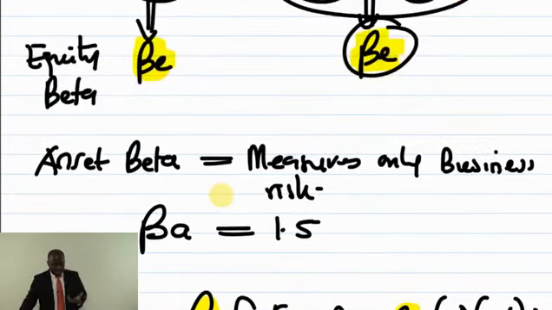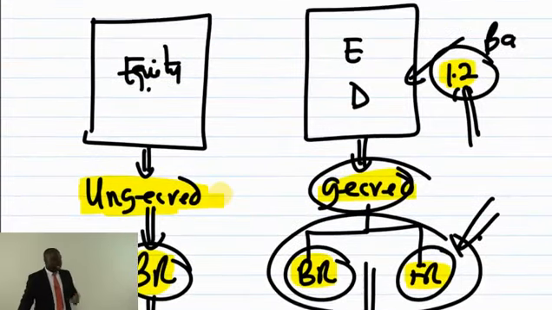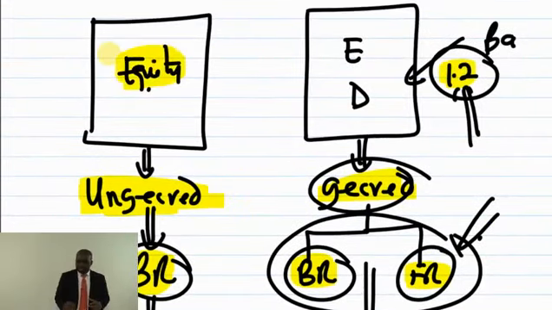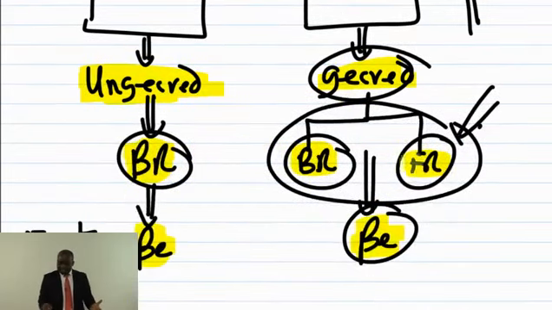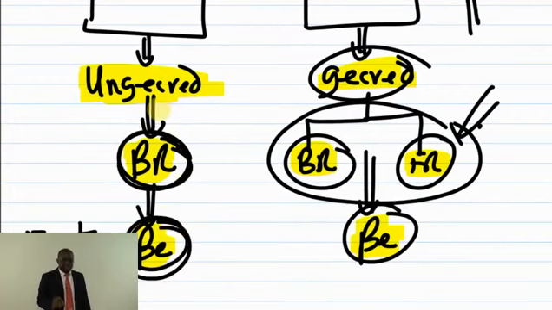The same way as we were doing earlier, if I give you a question and the company is all equity, and now the company is thinking of bringing in debt, I've changed. Now I will face business and financial risk. Given the beta here, this equity beta will measure only business risk, which is the same as an asset beta.